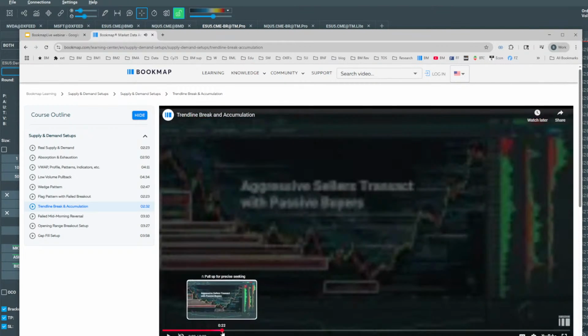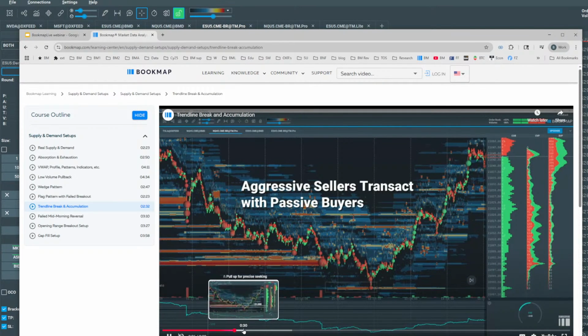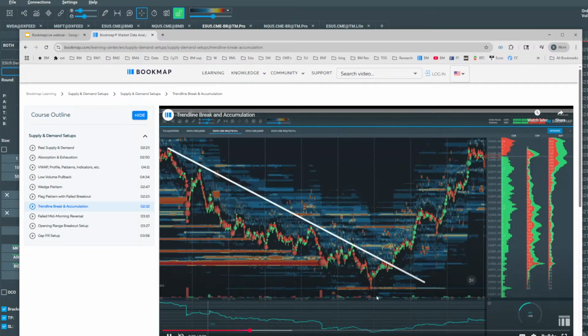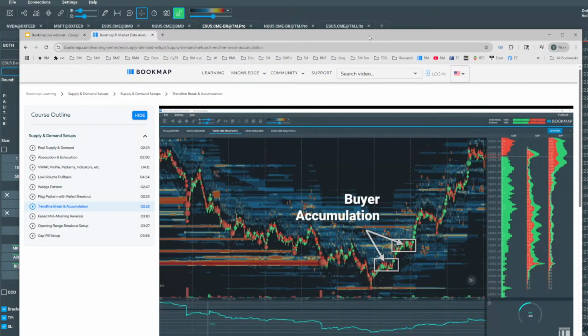We go through the passive accumulation, then the break of the structure. We have a key level, 21,000 in the NASDAQ, and a nice little stop run through that area, and then the buying starts to come in and break that structure, the buyer accumulation.